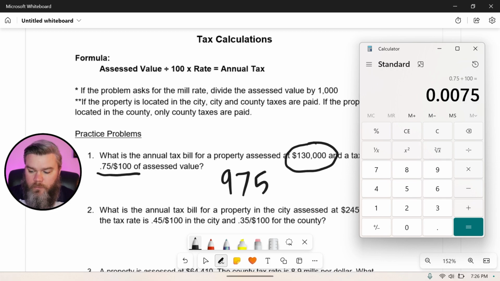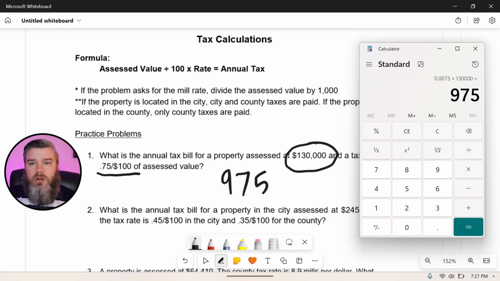So now we could say we owe the tax assessor 75 cents per 100. Or we could say we owe the tax assessor 0.0075 dollars per dollar. And now that we've converted to a per dollar rate, we could just multiply that by our assessed value of 130,000. And you get the exact same.